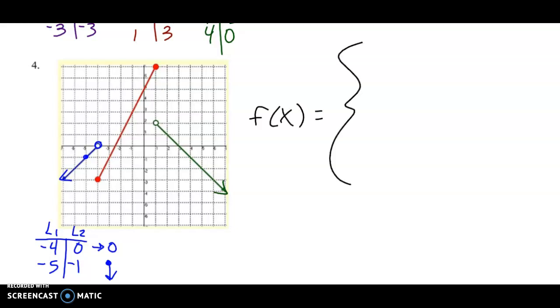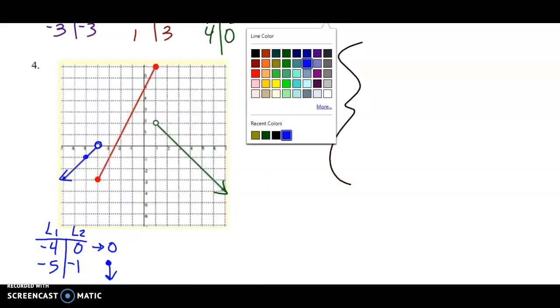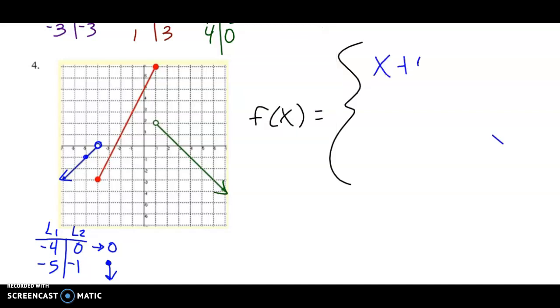Okay, so we're going to type this in, L1 and L2. So it's telling me it's 1x plus 4. It's 1x plus 4.